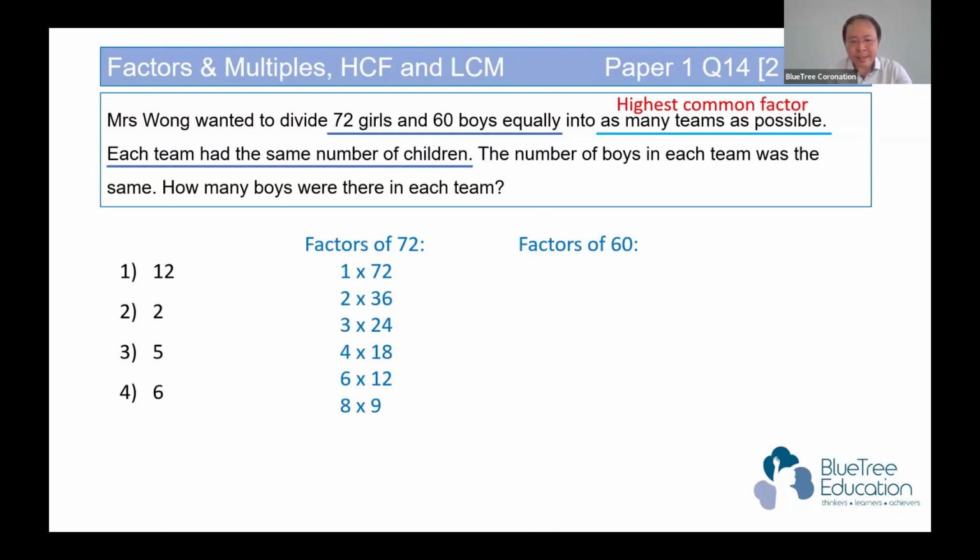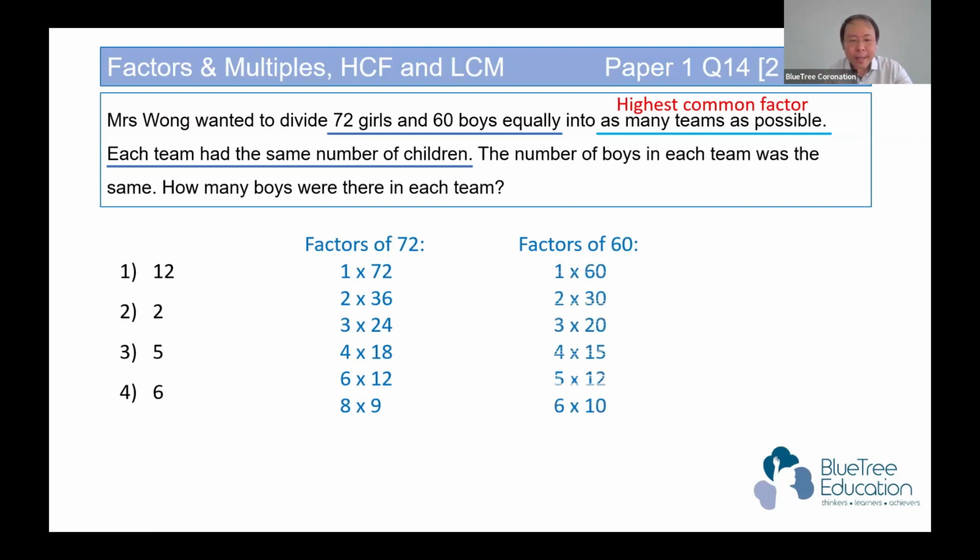Then there's a tendency that you might miss out some of the factors. If you list it in a systematic increasing order from 1, the numbers will actually meet each other. And when the numbers meet each other, like 8 times 9, you know that there are no other factors, so you have listed all the factors. That's a good technique.